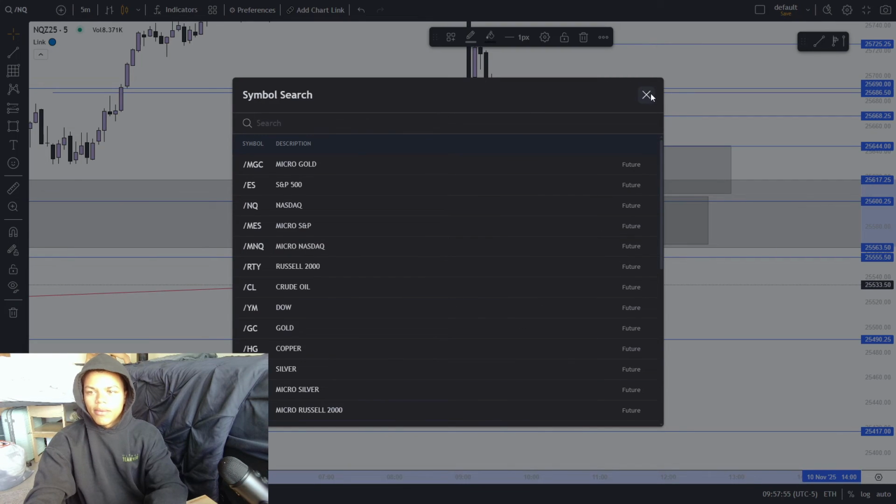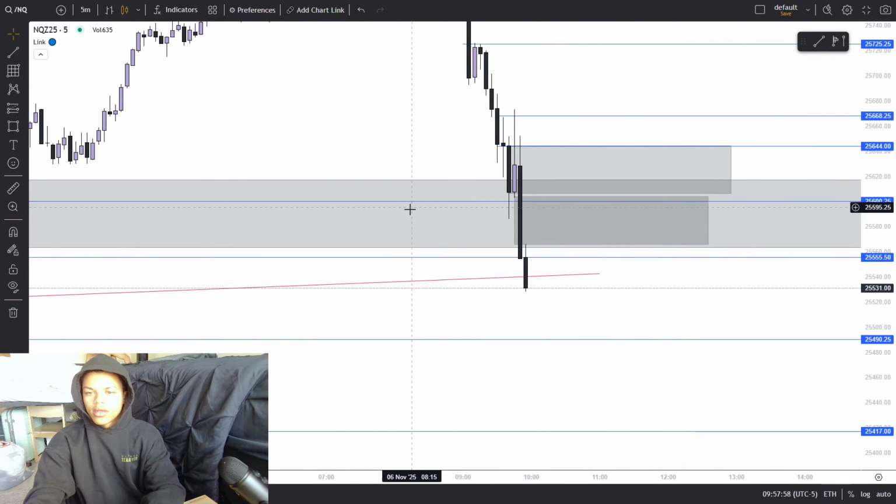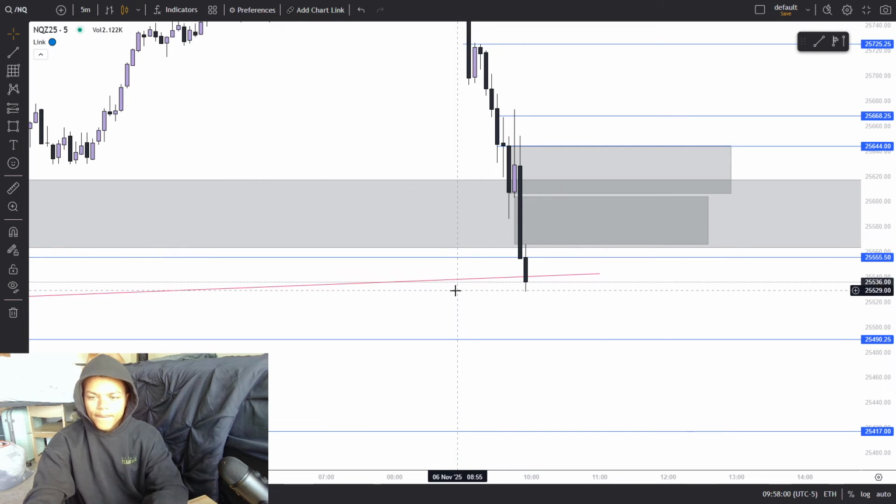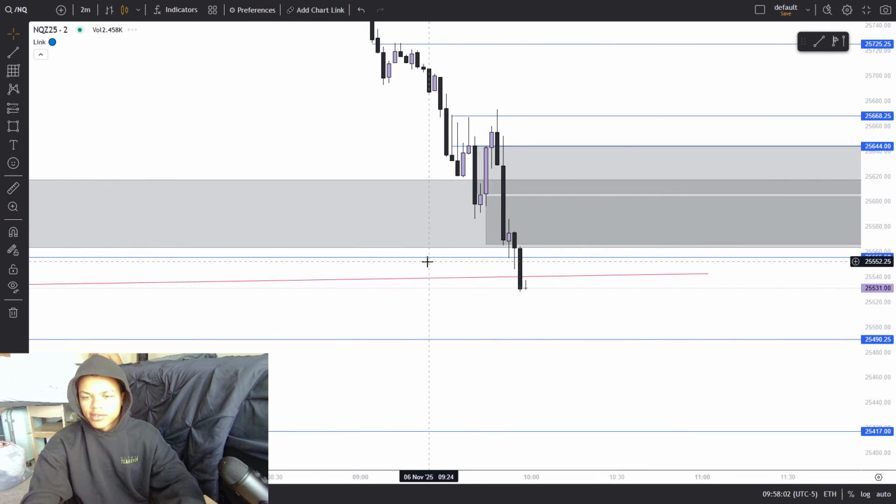After we close this 5-minute gap, definitely see us pushing back into it, possibly continuing lower.